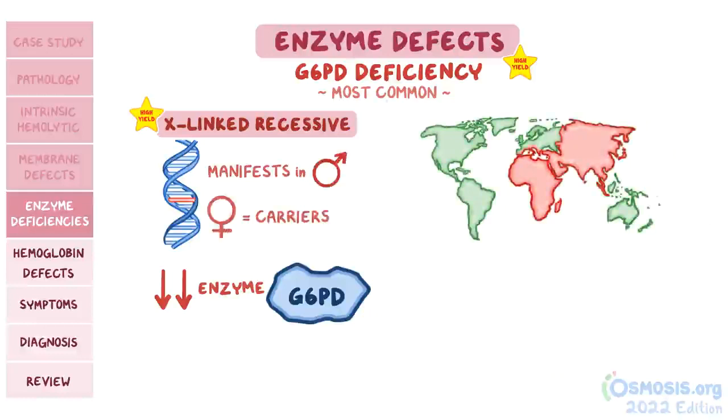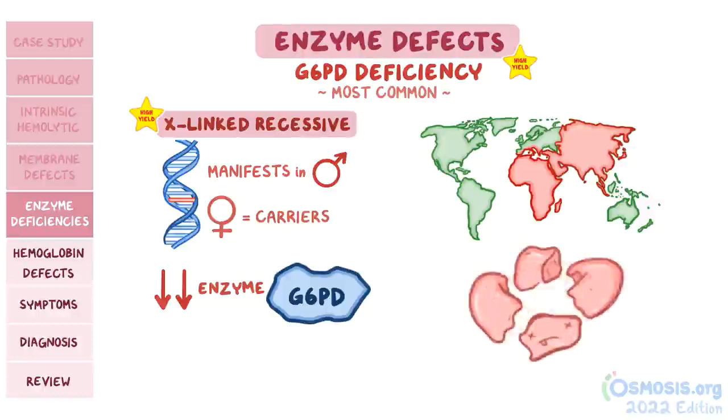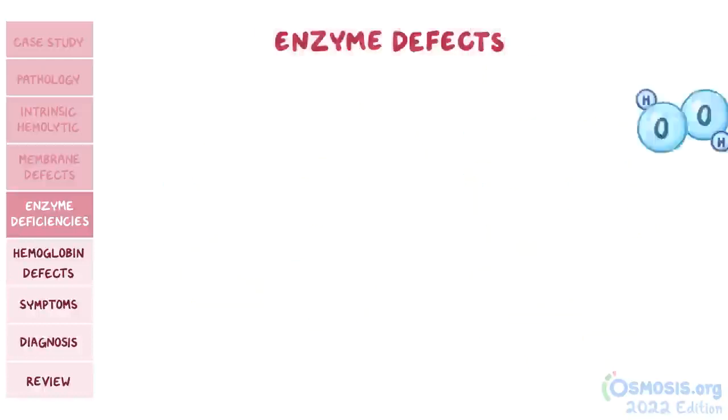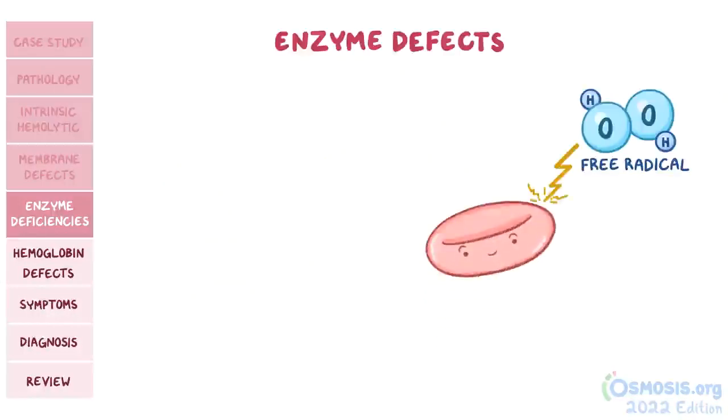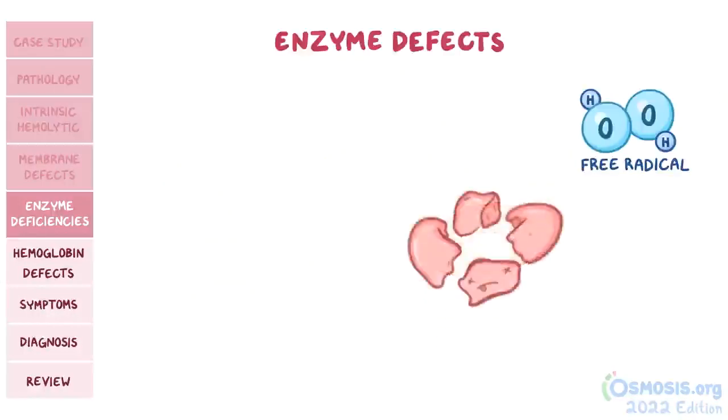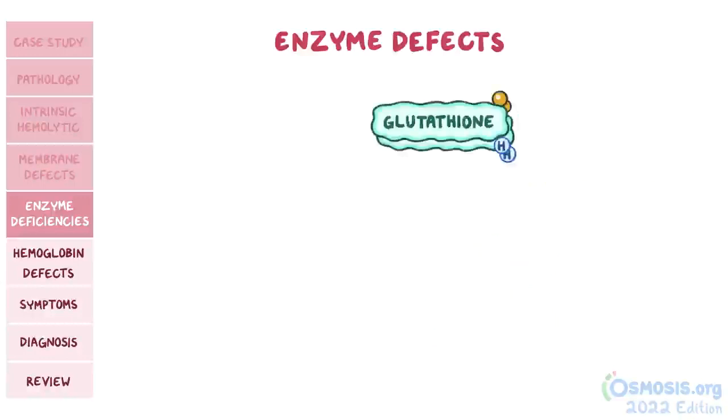G6PD deficiency leads to hemolysis by making RBCs susceptible to damage caused by free radicals. Free radicals, which are products of metabolism, can destroy RBCs, but normally, a molecule in our body called glutathione neutralizes them.